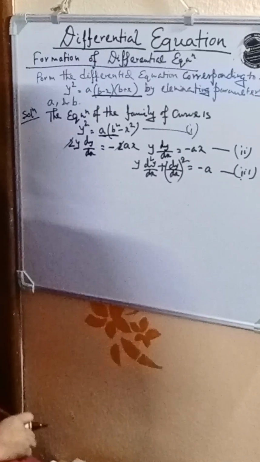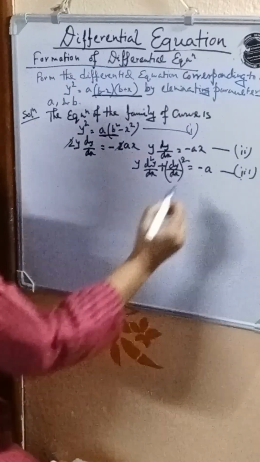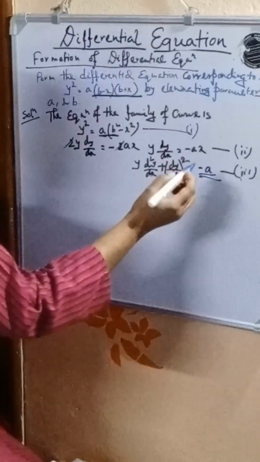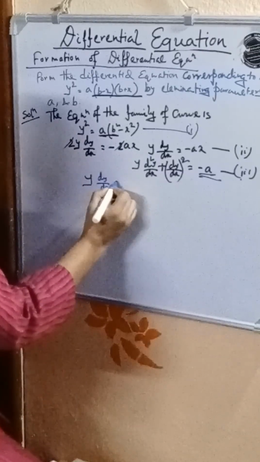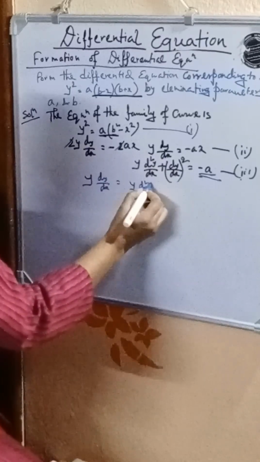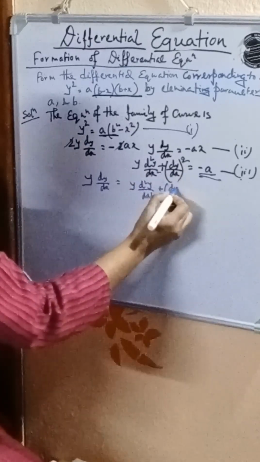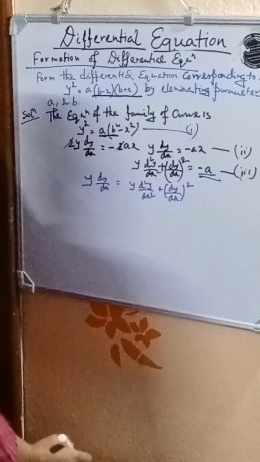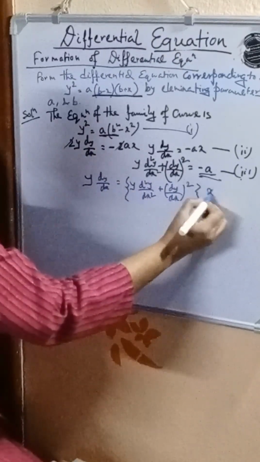Now substituting the value of a obtained from equation 3 into equation 2, we get y dy/dx equals minus a into x. Minus a means y d2y/dx2 plus dy/dx whole square, into x.